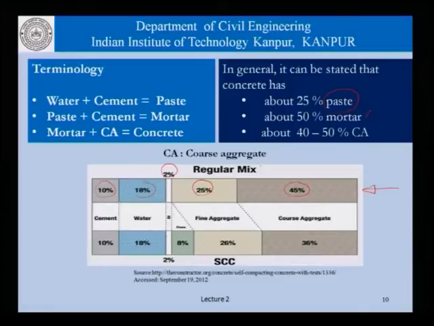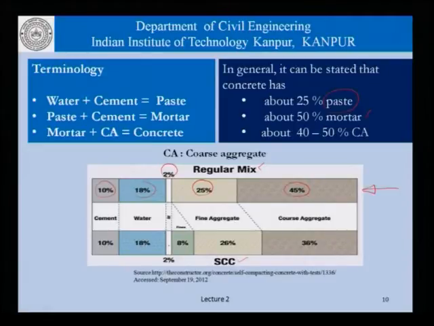Compared to this, what has been called a regular mix here, we will come back to this self-compacting concrete later on. But if we look at the volumetric changes in self-compacting concrete, there is not much change as far as the paste content itself is concerned. Of course, the properties of the paste are very different.